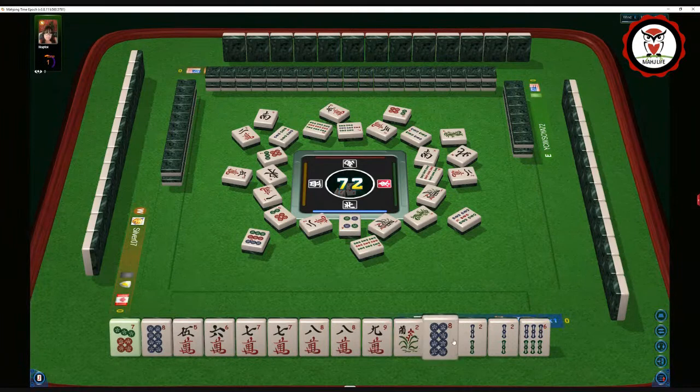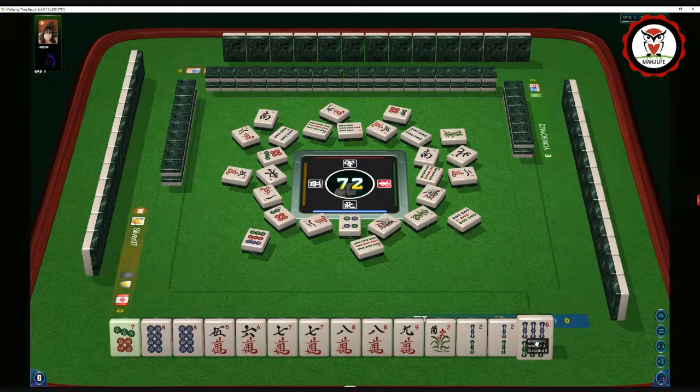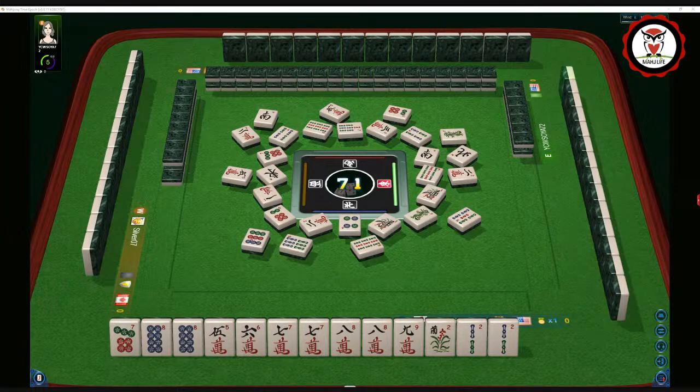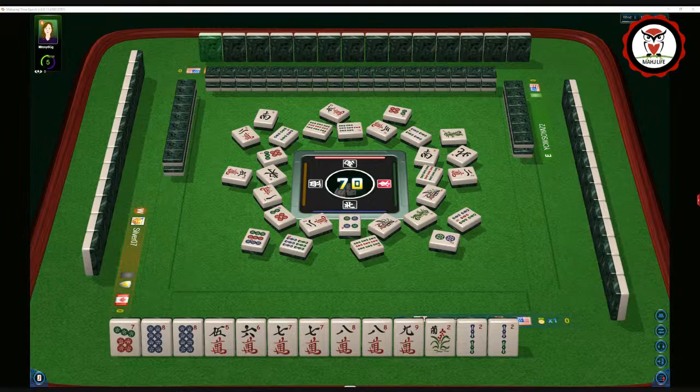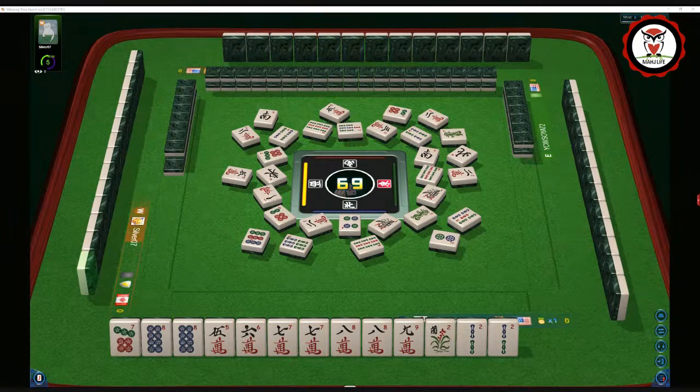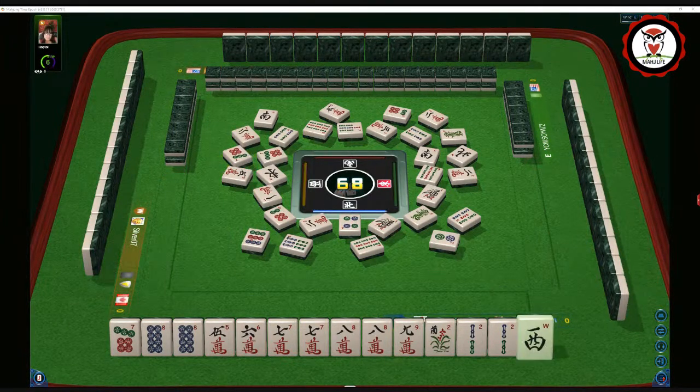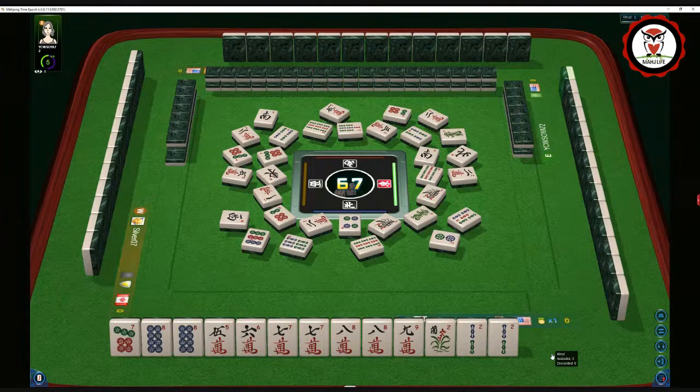Let's hold on to the 8 dot and let that 6 bam go. 6 bamboos. 2 dots. 2 characters. 7 dots. West can go. West wind. Red dragon.